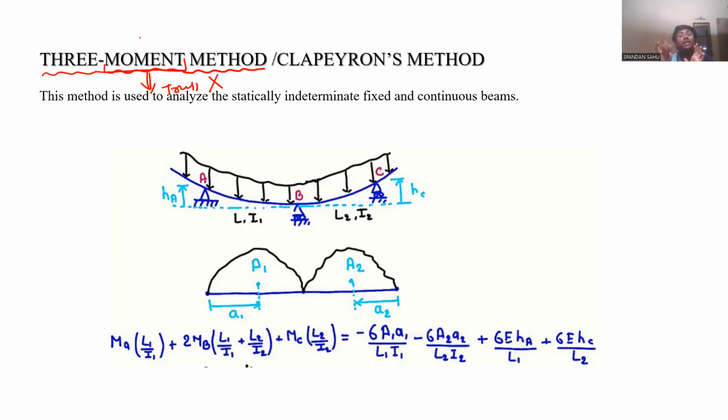One word I have said: idealization. Idealization of structure. We are idealizing the structure from the real field, making it in our copy, and then analyzing it in a simplified form.